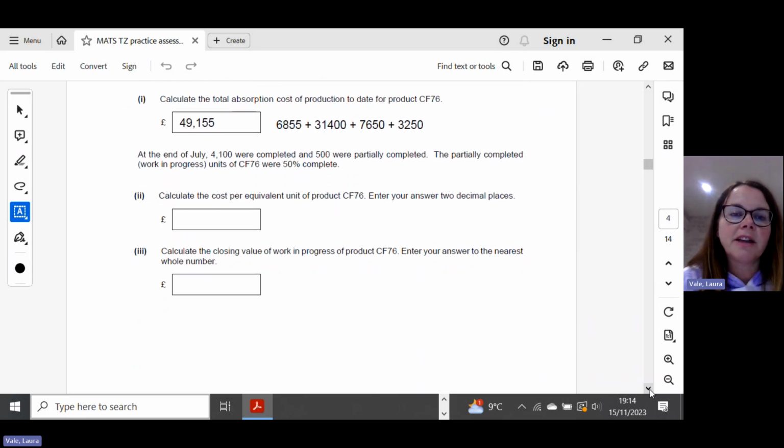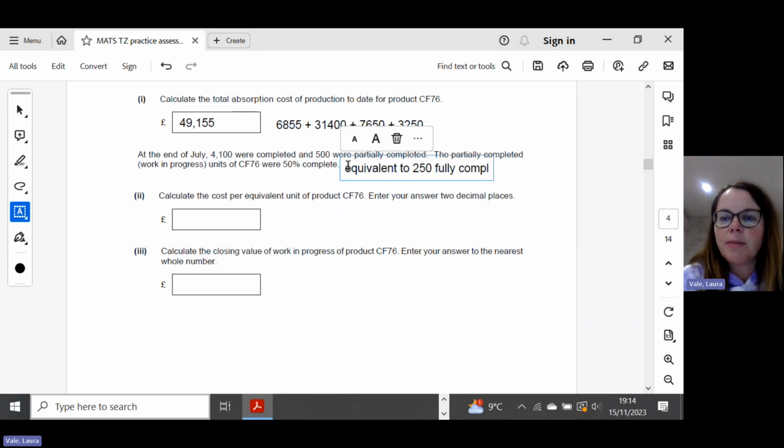At the end of July, careful there, the way it's worded. At the end of July, 4,100 were completed and 500 were partially completed. The partially completed work in progress units were 50% complete, right? So clearly 500 that are half complete is equivalent to 250 fully complete.